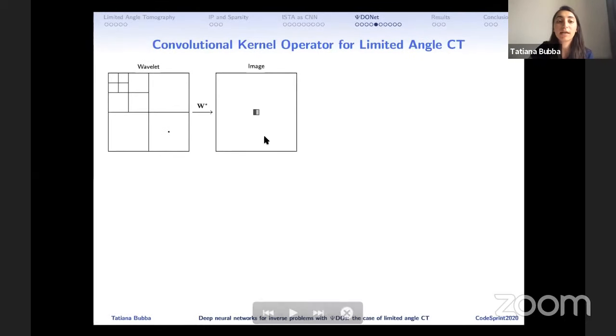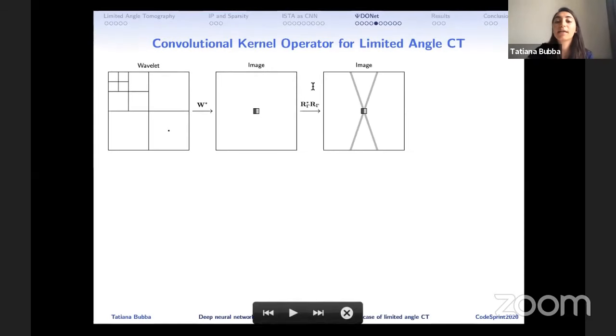We apply the W star operator. This gives something that belongs to the image domain, where this pixel here becomes the pixel at the center of the image. Okay. Then we apply the normal operator of the limited angle transform.